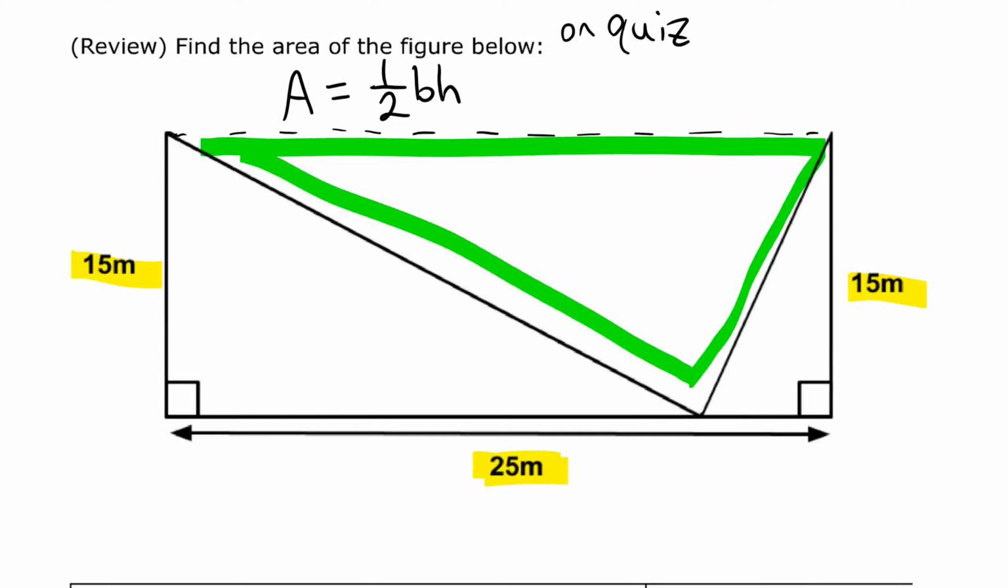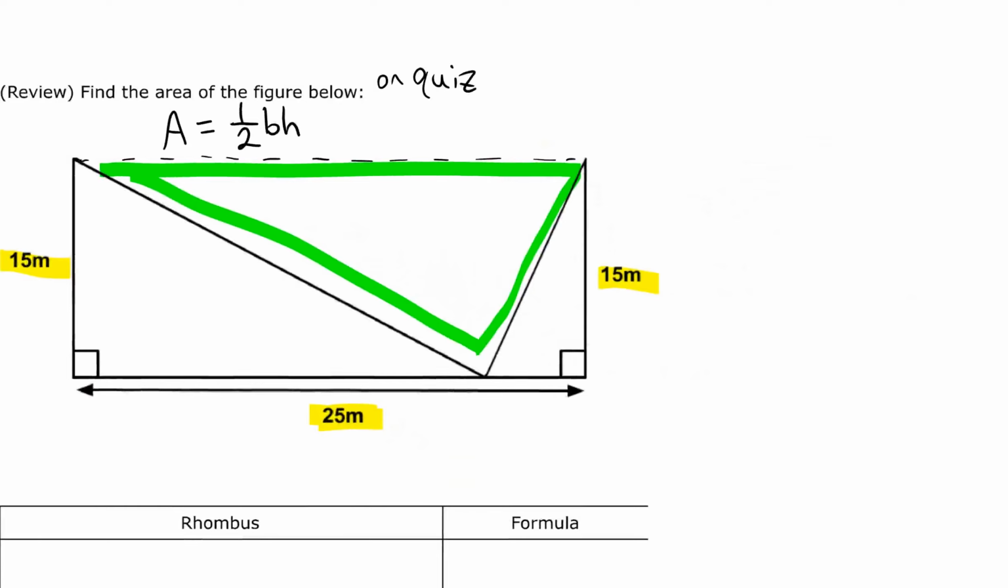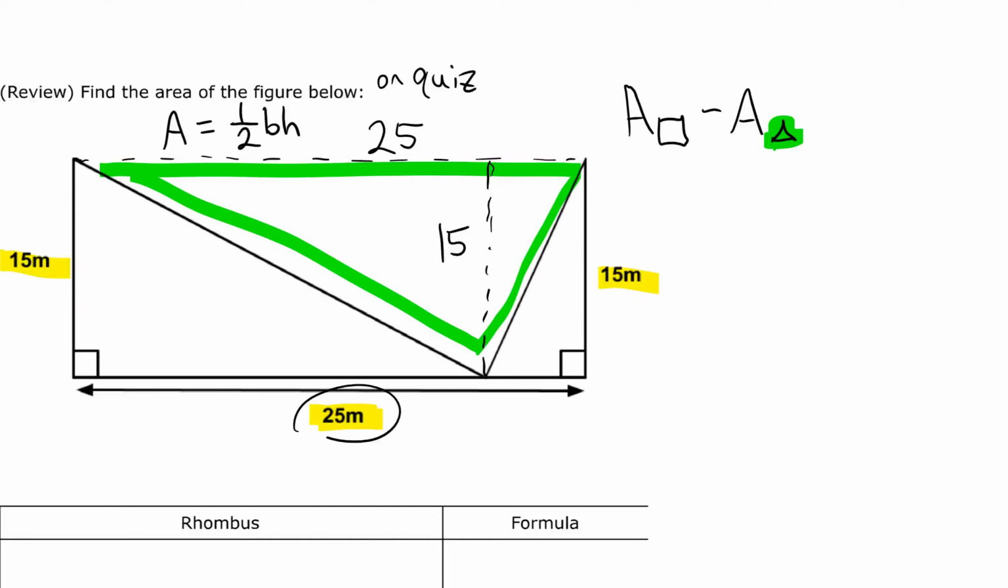So we want to actually find the area of the rectangle minus the area of that triangle, and I'll put that in green as well. So we want to subtract that out. To find that, we just have to notice that this 25 meters is going to be the base of that triangle. And if we were to draw an altitude, that height would just be 15 meters.